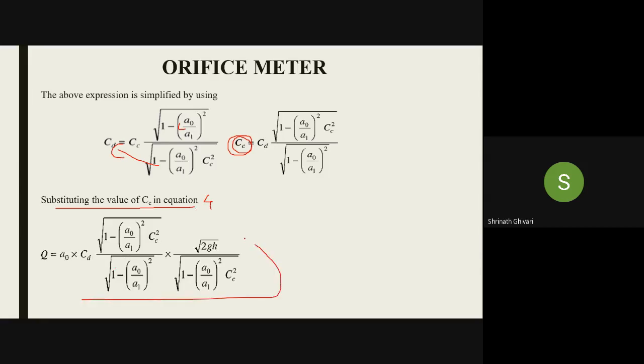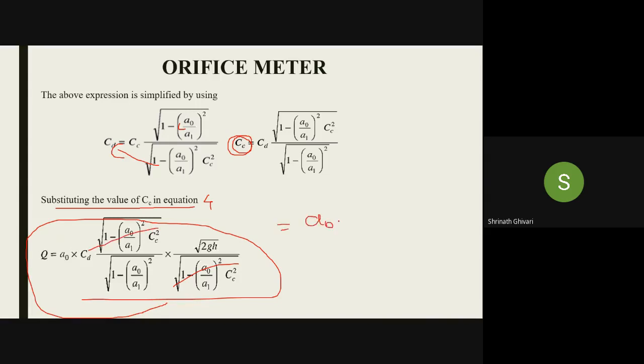So when we simplify this expression, can anyone tell me what will be the final expression? See, what will get cancelled? This one and this one will get cancelled. So what will remain now?